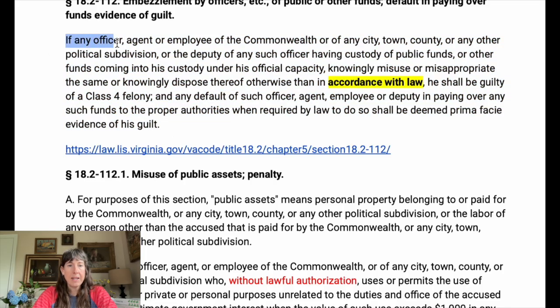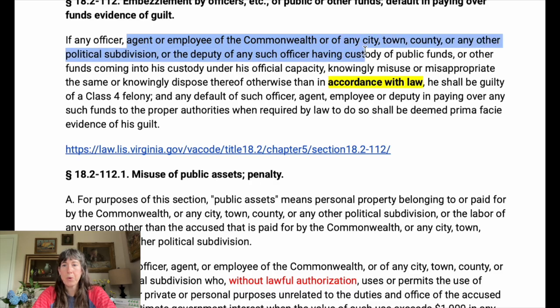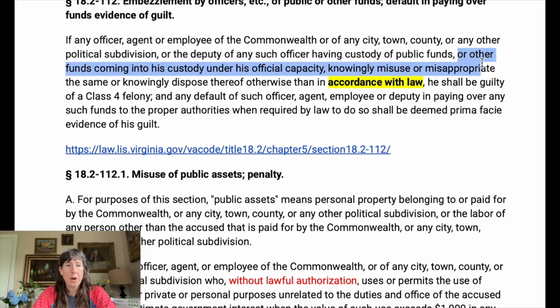It says, any officer, agent, or employee of the Commonwealth or of any city, town, county, or any other political subdivision, or the deputy of any such officer having custody of public funds or other funds coming into the custody under his official capacity, knowingly misuse or misappropriate the same or knowingly dispose thereof otherwise than in accordance with law.